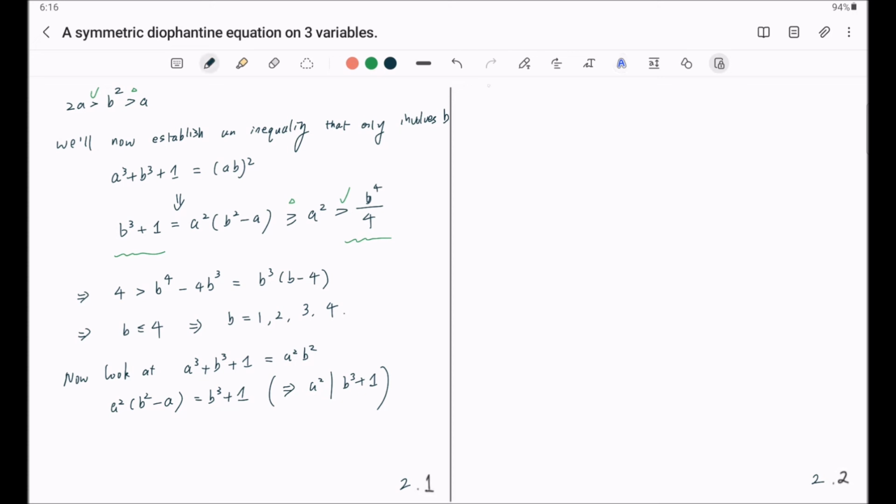And we're going to test it with B equal to 1, 2, 3, and 4. When B equals 1, 2, 3, and 4, B cubed plus 1 will be equal to 2, 9, 28, and 257, respectively. So you can check.